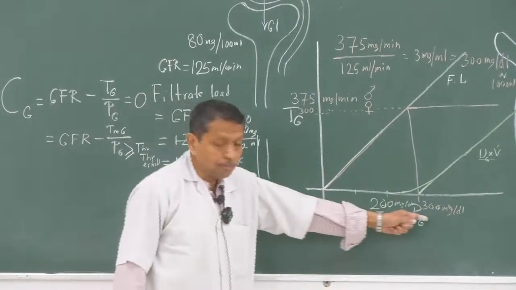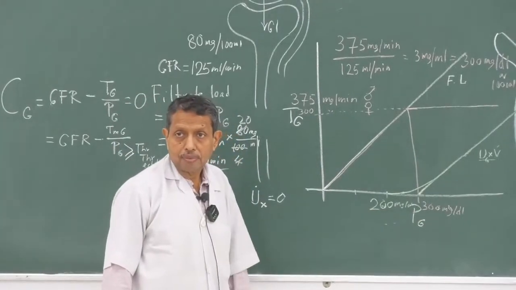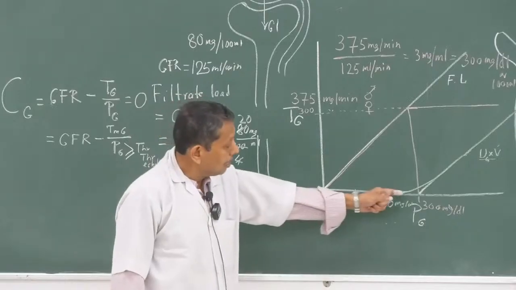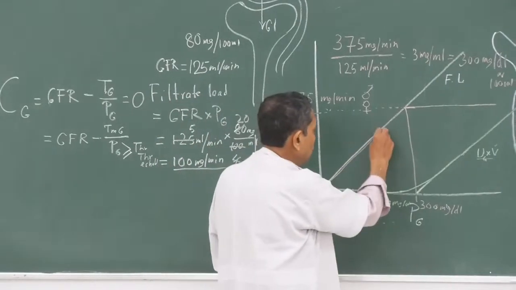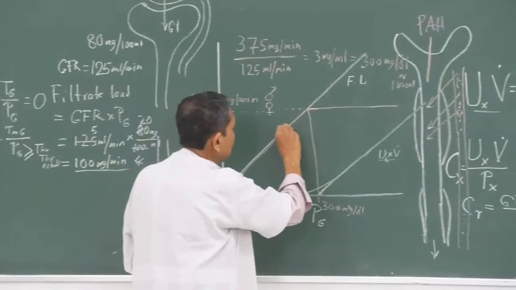Along with the increase in the arterial plasma glucose level, there is more reabsorption.